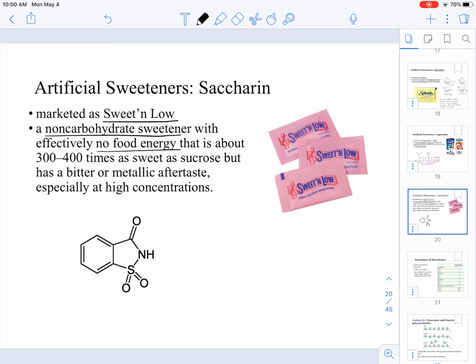What that means is that when you consume them, the body doesn't turn them into ATP. Now, saccharin is actually 300 to 400 times as sweet as sucrose, but it has a bitter or metallic aftertaste, especially in high concentrations. And as you can see at the bottom of the slide, this is the structure for saccharin.